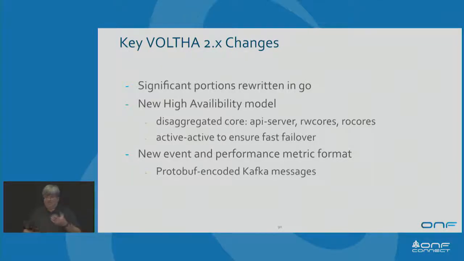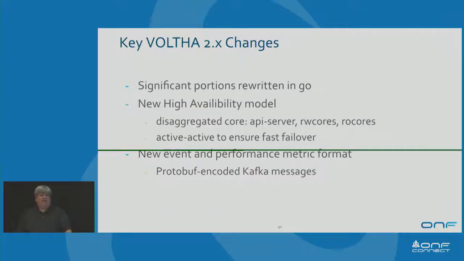And there is an active-active scheme employed with this API server and these read-write cores, so that if a core was to go down, you will get very fast failover to the remaining core that is up. And that is one of the key contributions of the new API server, that fast failover. I believe we were given a certain limit in milliseconds that this had to happen, and that led to some of the engineering choices there. So major architectural changes with this disaggregation.